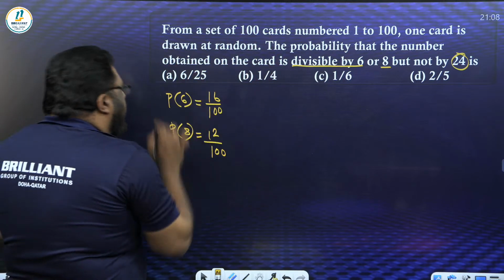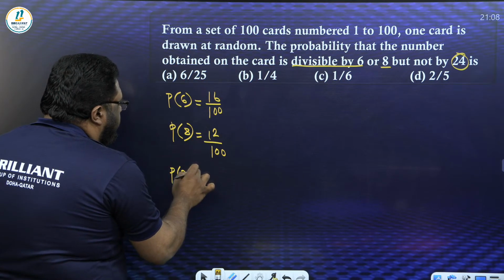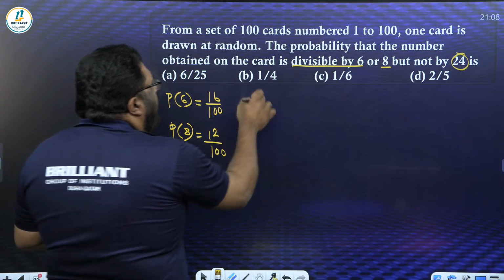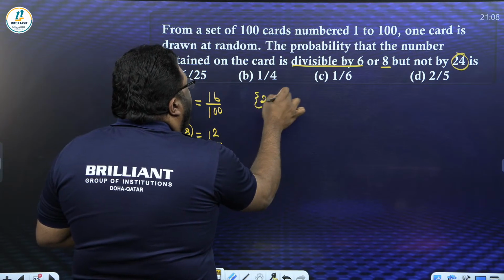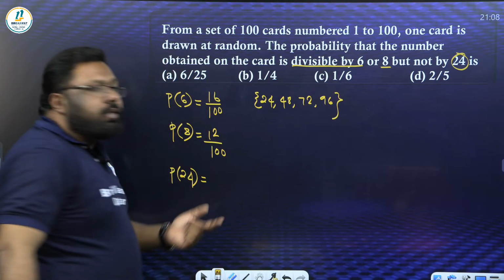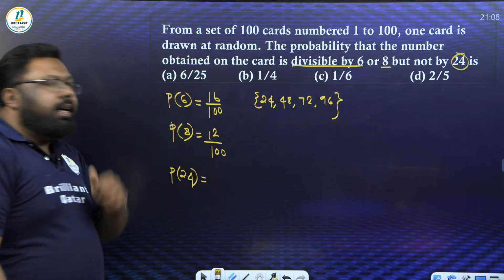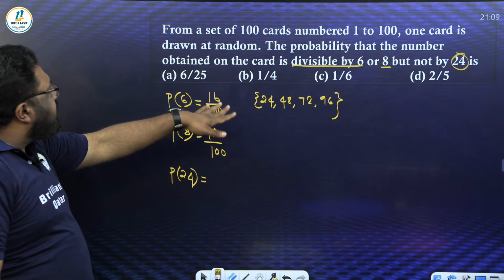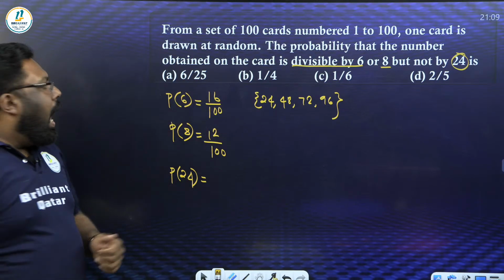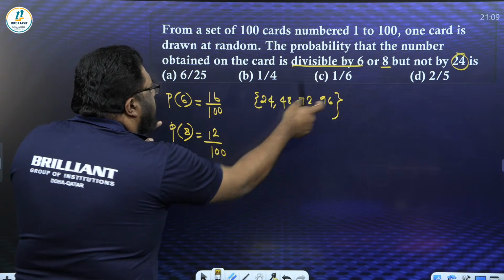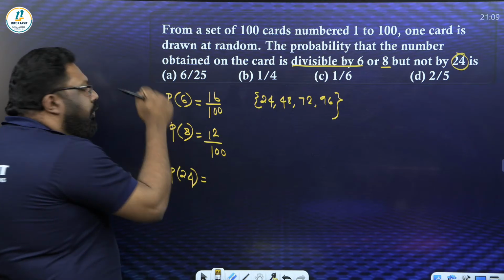Now I want 24. Please tell me what is the meaning of 24. The multiples of 24 are 24, 48, 72 and 96. All these are there in 6 and 8. So how to get rid of these numbers? I want to get rid of the 4 multiples of 24 from 6 and from 8.